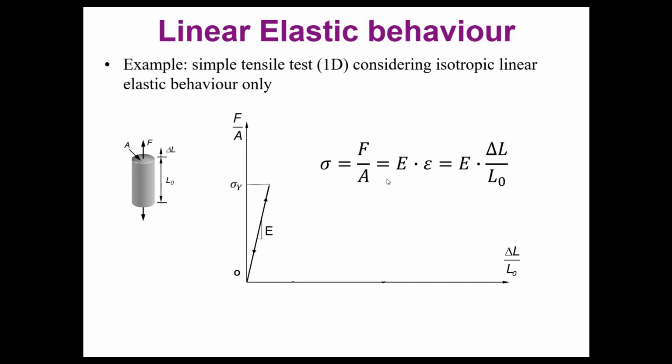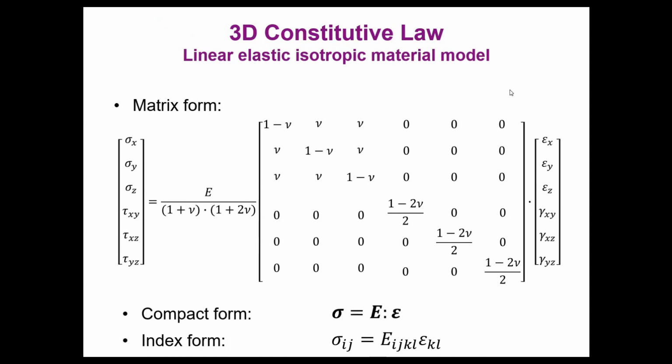And this expression, of course, for one dimension can be extrapolated to three-dimensional problems in matrix form. For example, this matrix form here shows the relationship between all the components of the stresses, the axial stresses and the shear stresses, multiplied by this matrix, which is the stiffness matrix in this case, and multiplied by this vector that represents the strain tensor, as we have mentioned before.